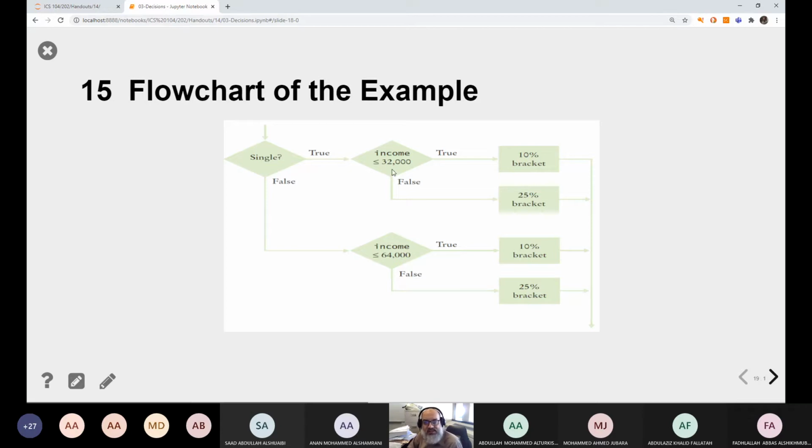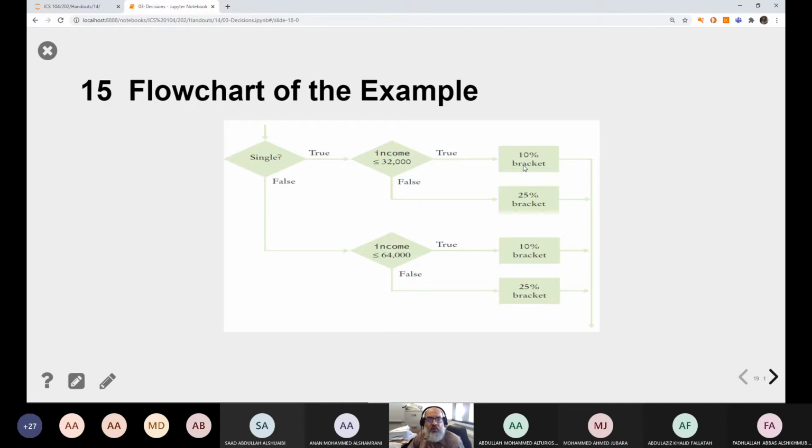Now, if it is less than or equal to 32,000, here the author made it a 10% bracket. But to tell you the truth, I don't like this; there should be some kind of statement here that makes it easier to convert to Python code.